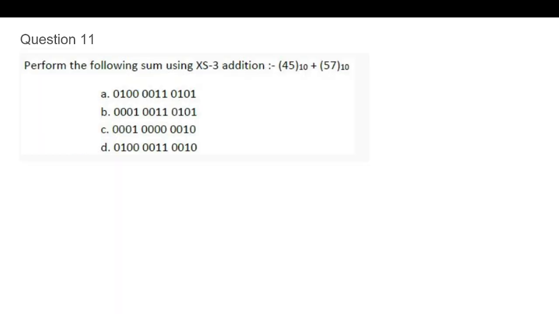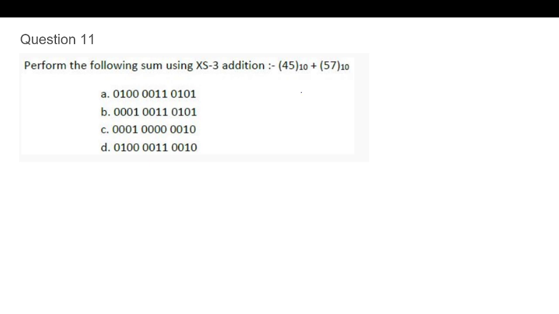So the next question: perform the XS3 addition, 45 plus 57. Again, if there is a carry, plus 3, and if there is no carry, minus 3.